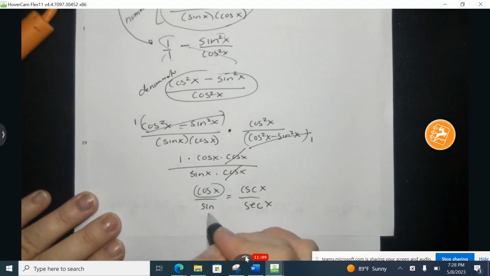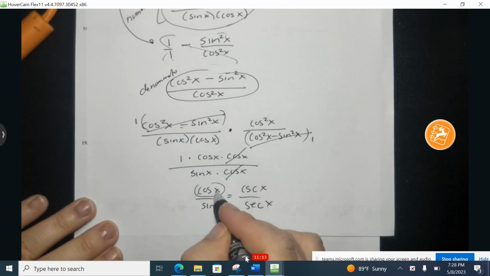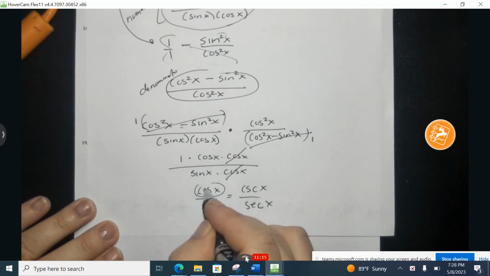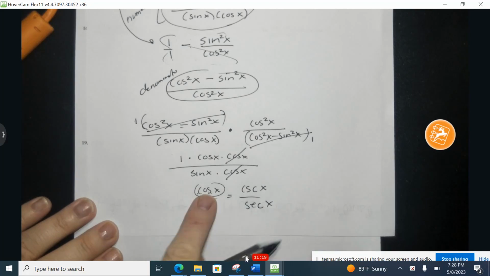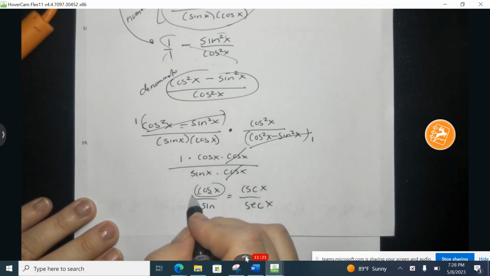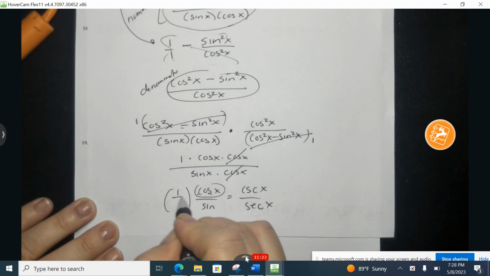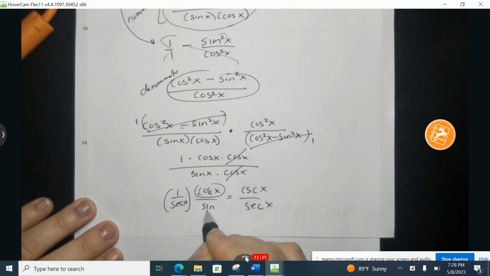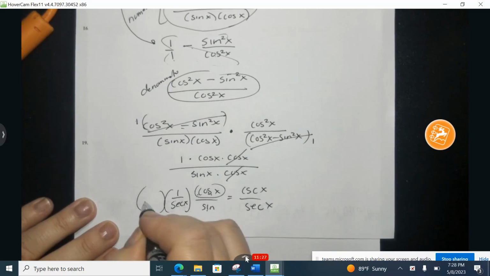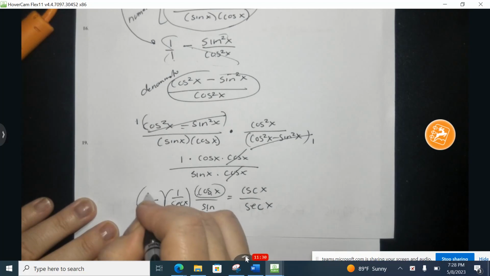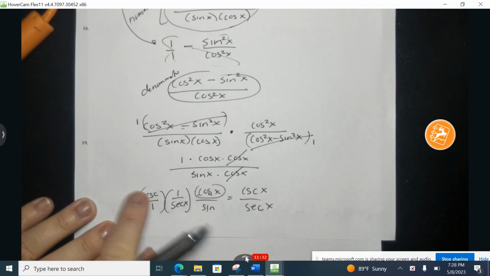Remember that cosine, another way to write it, if it's on the bottom, would be 1 over secant, as a reciprocal. So I could write this as 1 over the secant of x, and sine I could write as CSC over 1, right? Because it's reciprocal.